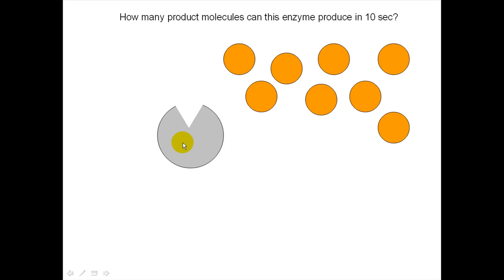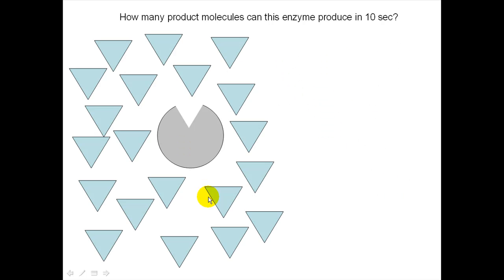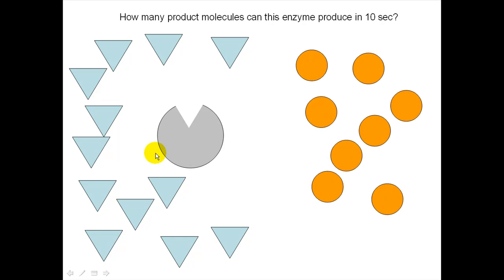It's not going to be able to produce any more product within that 10-second period. So say, for example, you totally jack up the amount of substrate. This enzyme can only work so fast, so even if you jack up the amount of substrate, there's going to come a point where it can still only make, for example, 8 products within 10 seconds.